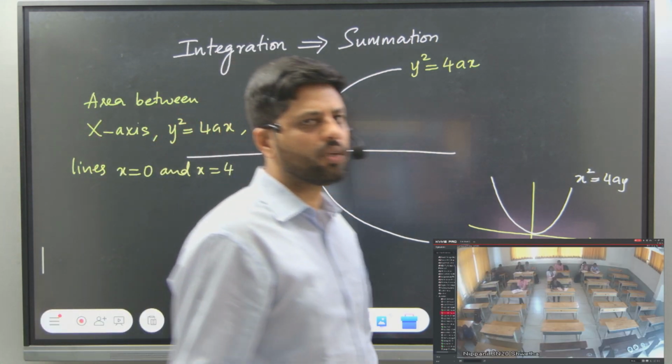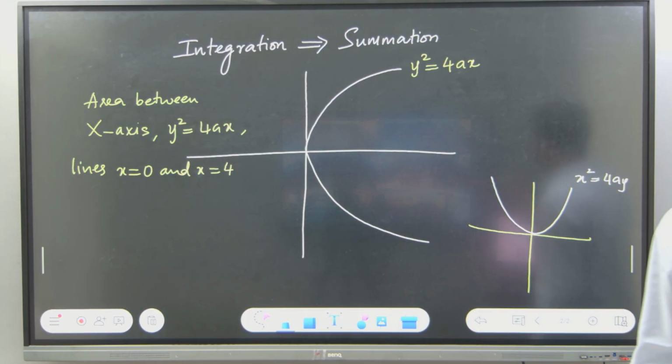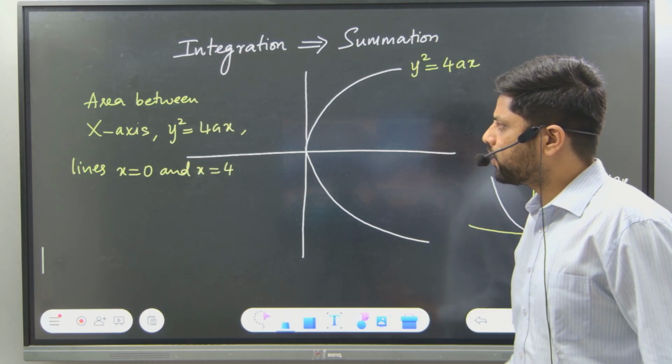This is how the question will be. How to figure out which is the area? That is very important. The diagram will not be given. How to figure out?